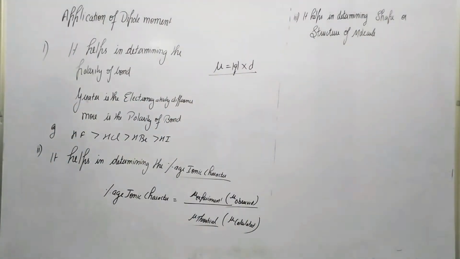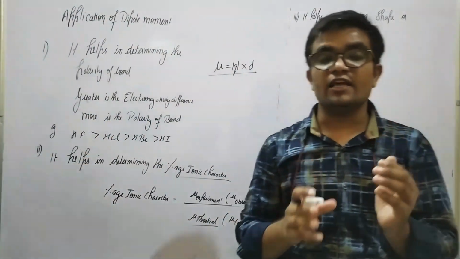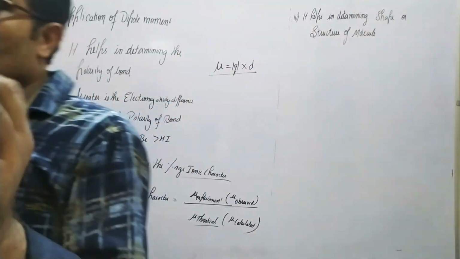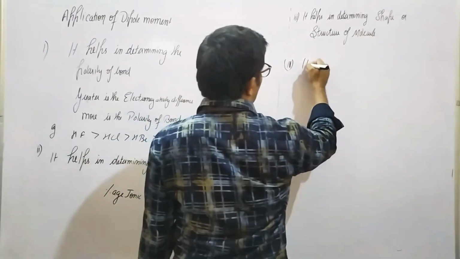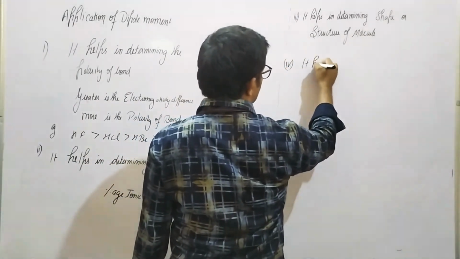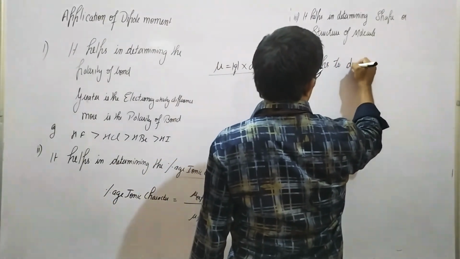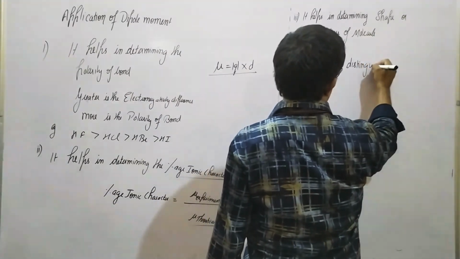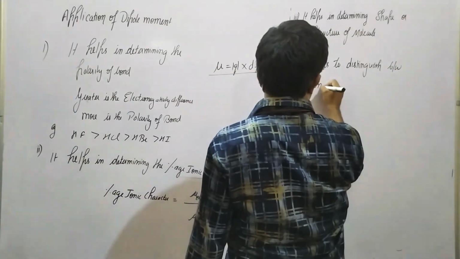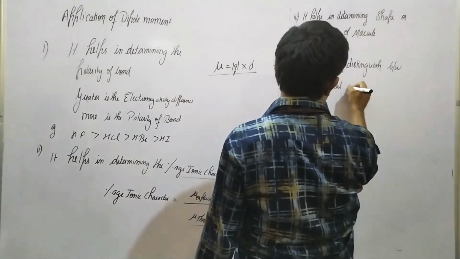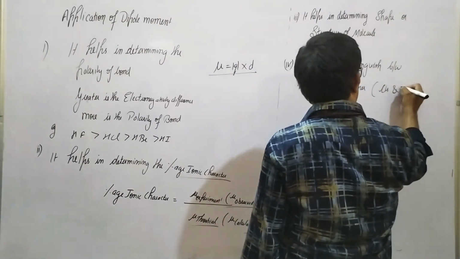It also helps in distinguishing between the geometrical isomers. Students, we will discuss the geometrical isomers in detail in organic chemistry, but you should know what it is. It helps to distinguish between geometrical isomers, or in simple language, cis and trans isomers.